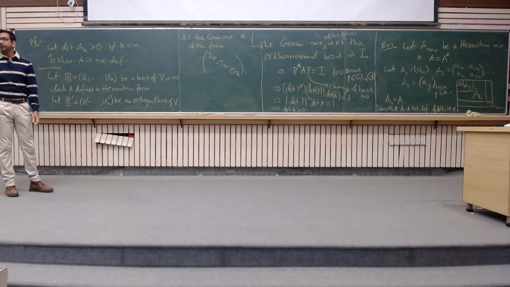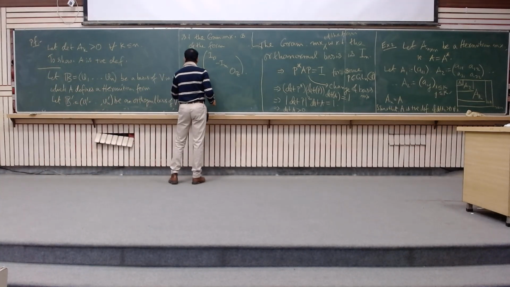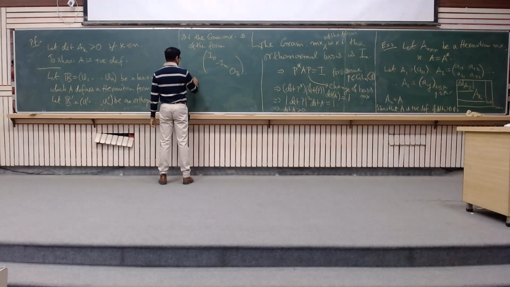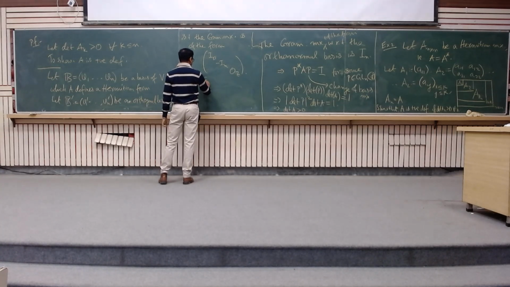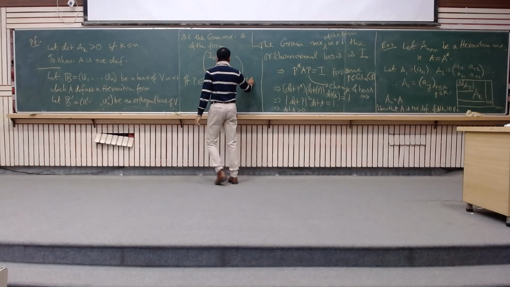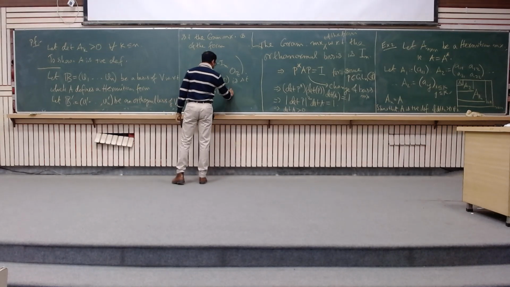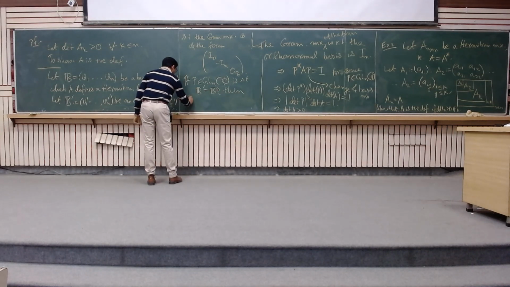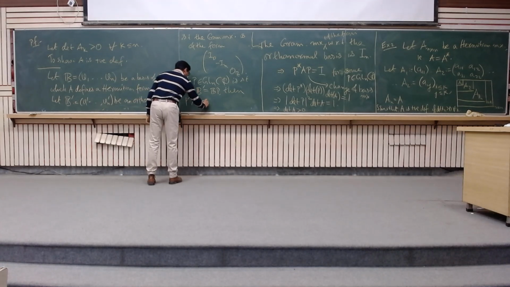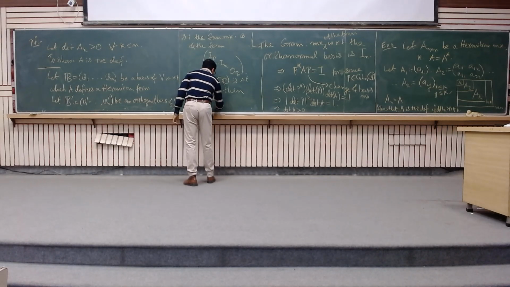So P star AP is the determinant of... Right. So P star AP. If a P in GL_n(C) is such that B' is equal to P*AP, then P*AP is equal to this one, I_p, minus I_m, and 0_z.